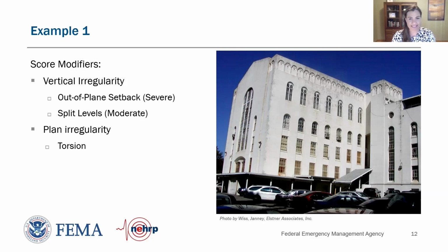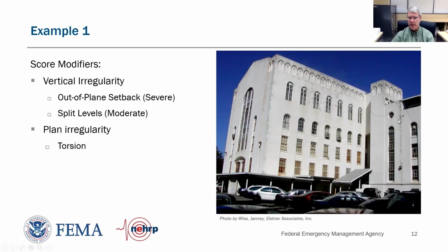I think we'd have to look around the building a little bit more to know whether there's more wall on one side than another and how that affects the torsion. But it looks like there's a lot of concrete on that one front face on the left, and then a lot of openings on some of the other sides. Right. It also looks like the building's a little shorter on one side than it is on another side. So there might be a vertical irregularity for the out of plane setback. Yep.